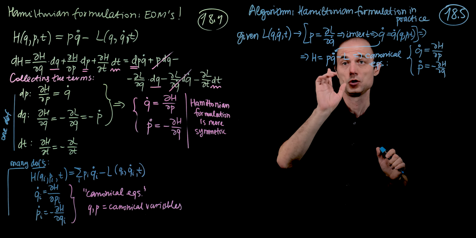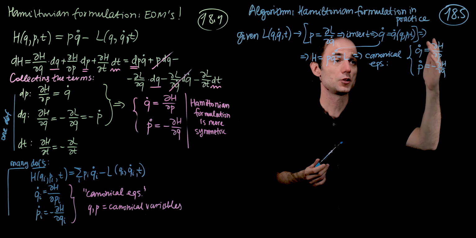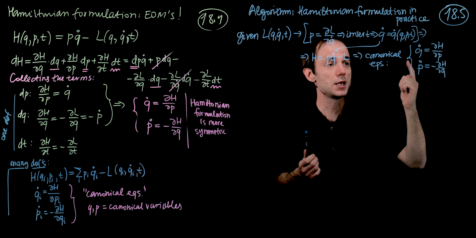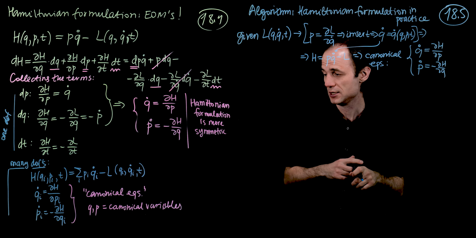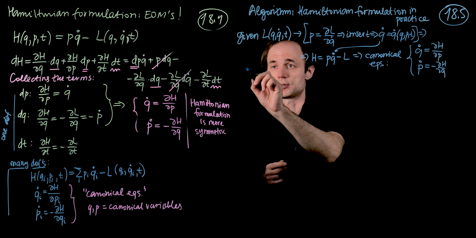And from then on, we can write down the canonical equations of motion. q dot is equal to dH/dp, and p dot is equal to minus dH/dq. So let us take a look at a few examples.